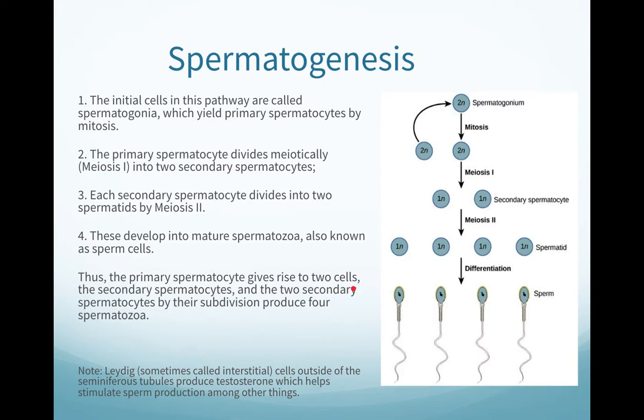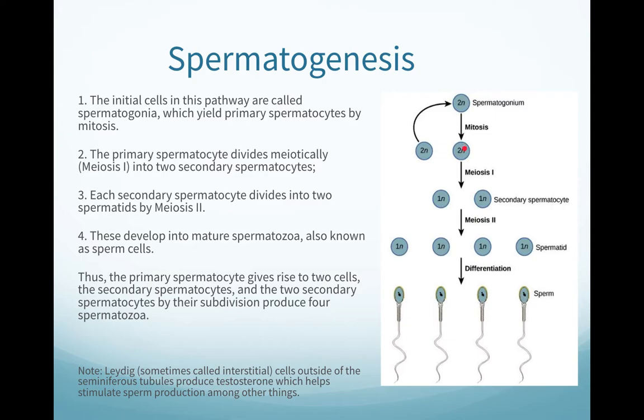So what's this mitosis meiosis piece? We have a spermatogonium here. The spermatogonium will first copy itself. There should be another arrow coming from here to here. It will make a clone of itself.